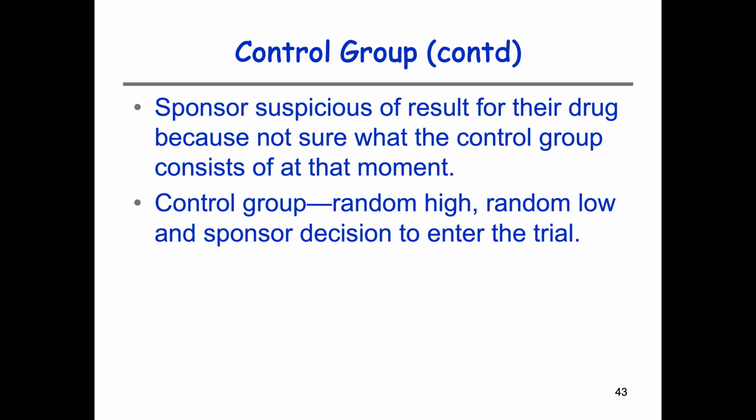Well, then, considering if the control group is at a random high or random low, that may affect the sponsor decision to enter the trial. So if the control group patients are doing well, it's currently at a random high, a sponsor might say they're not going to enter their candidate. If it's at a random low, there would be a rush to enter the candidates. It's sort of like the stock market.